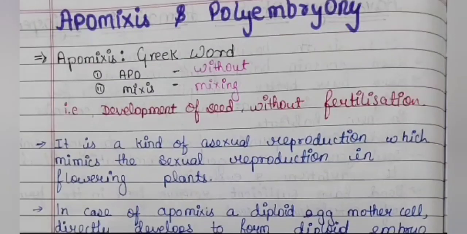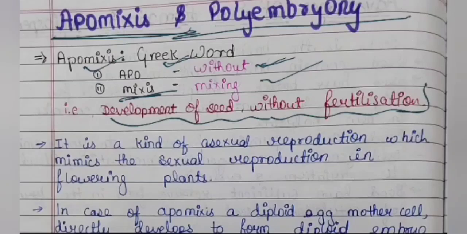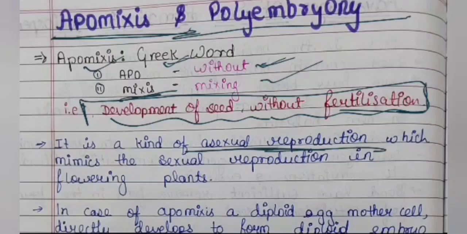Now coming to the next topic, apomixis and polyembryony. Apomixis is basically a Greek word which has two parts, that is apo, which means without, and mixis means mixing, that is development of seeds without fertilization. So it is a kind of asexual reproduction which mimics the sexual reproduction in the flowering parts.